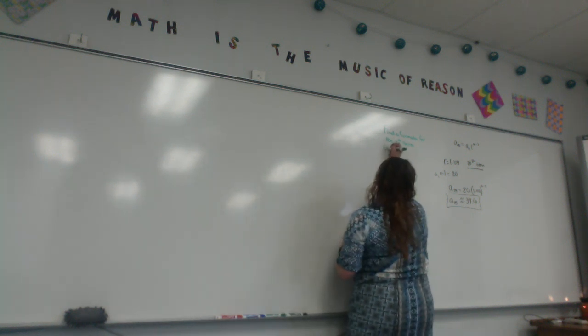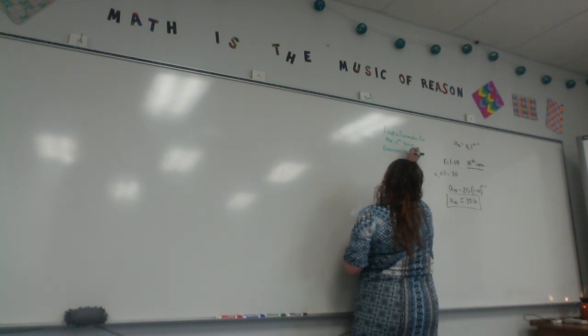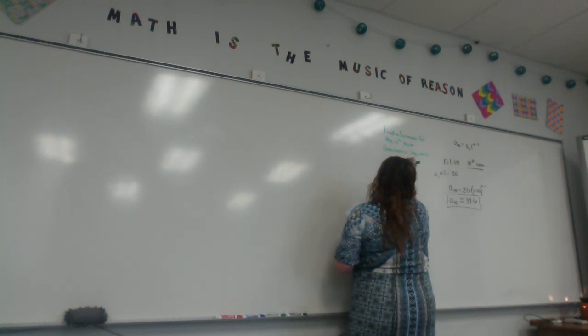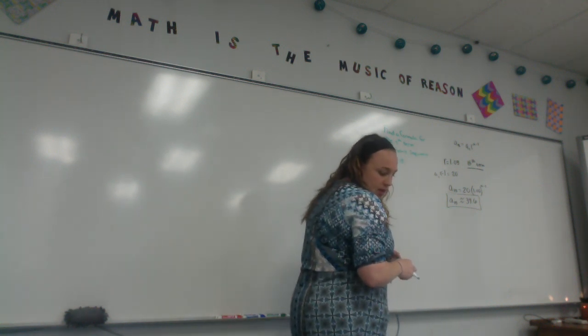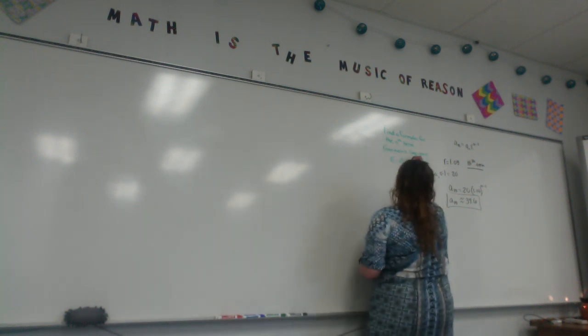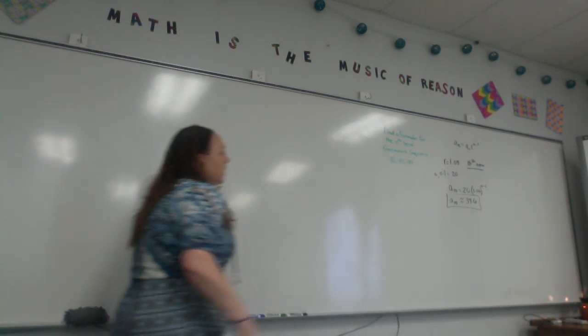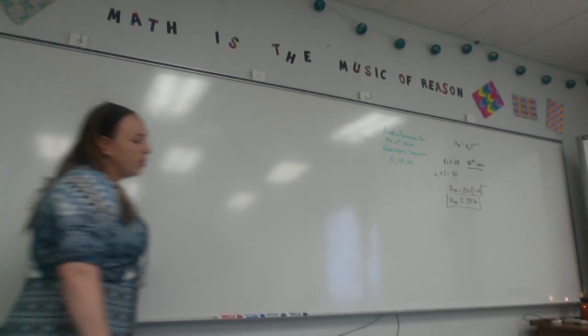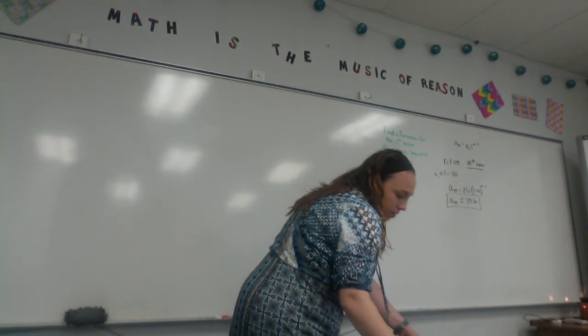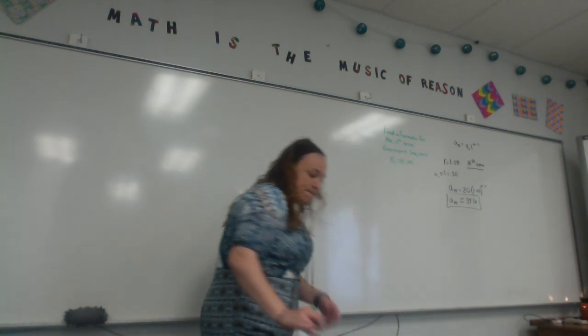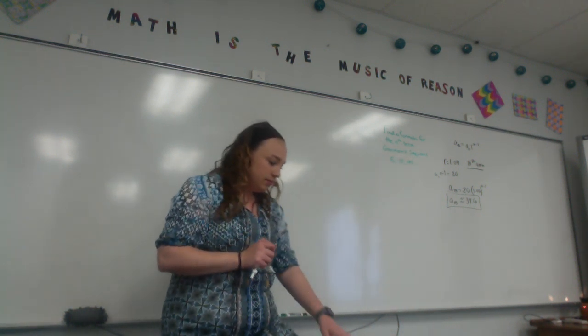It's a geometric sequence. Five, 15, and 45. How can I figure out the nth term of this sequence? How can I solve this? What do you need to do to solve this?